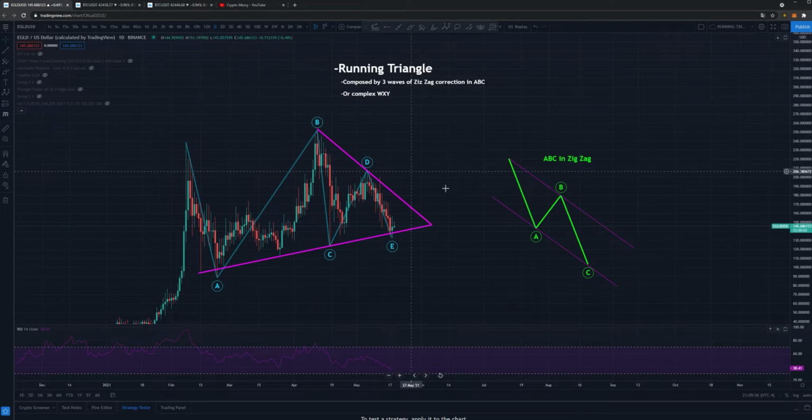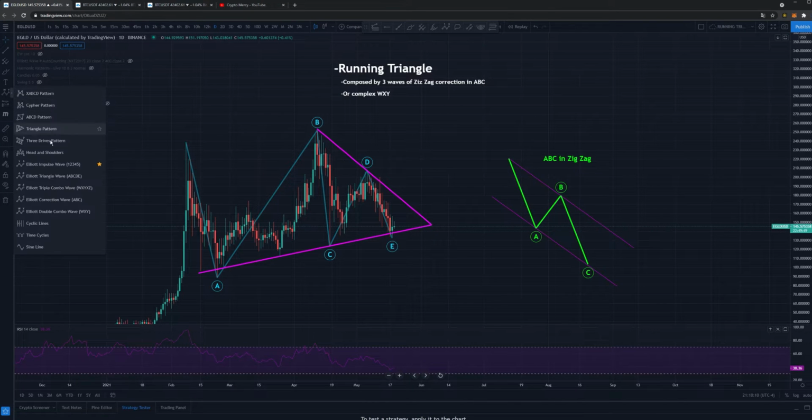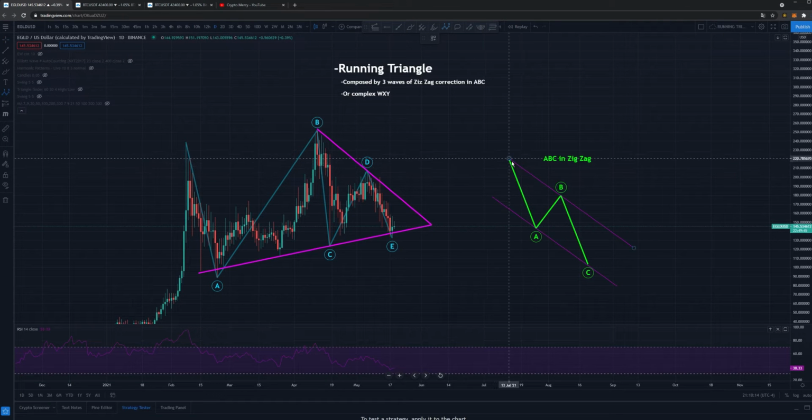And I want to show you those running triangles are created from a zigzag, a three-wave zigzag retracement like this here, okay? And zigzags are ABC waves, but they are formed with, I'm going to show you, on the A wave, you're going to have 5 impulsive waves down.